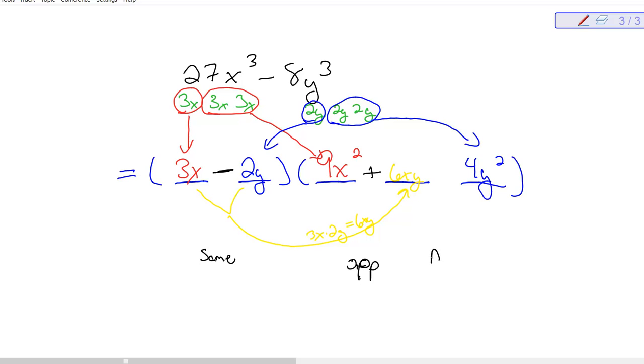And then my last sign, again, is the easiest. It's always positive. So I have 3x minus 2y times 9x squared plus 6xy plus 4y squared. That would be my final factored form of what I started with.